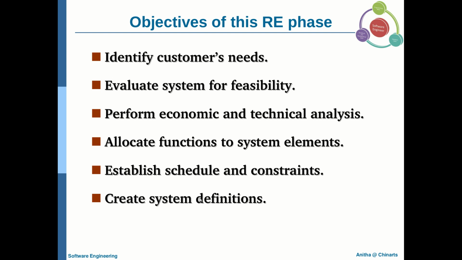Then all the constraints that are available. When the developer is studying and analyzing the requirements, he will understand what are the constraints or limitations of the software, what are the limitations of the system. Say for example, the budget may be one of the constraints, or the environment of the organization may be another constraint.